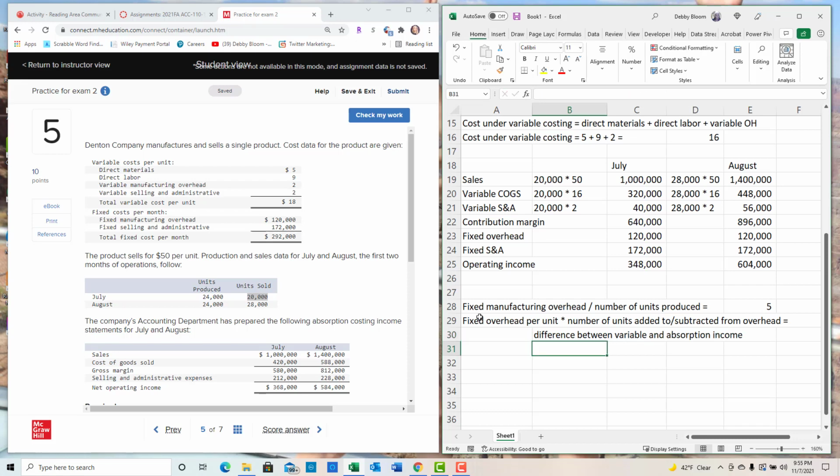So in this case, as I said, it was 4,000 units, because in both cases, the difference between the number of units produced and the number of units sold is 4,000 units.